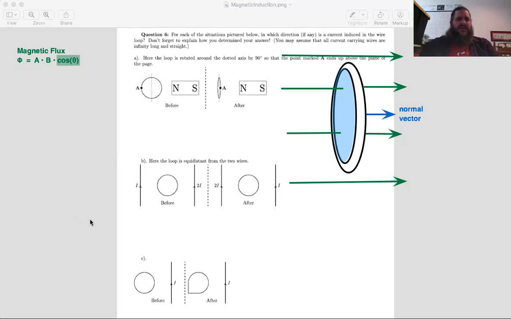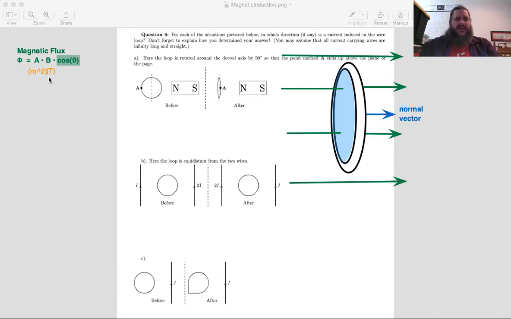And if you take a look at the units of measurement for magnetic flux, have you seen units of measurement for magnetic field yet? Is it Tesla? Yeah, magnetic field is measured in units of Teslas. And what's area measured in? Meters squared. Right. So magnetic flux has units of meters squared Teslas.